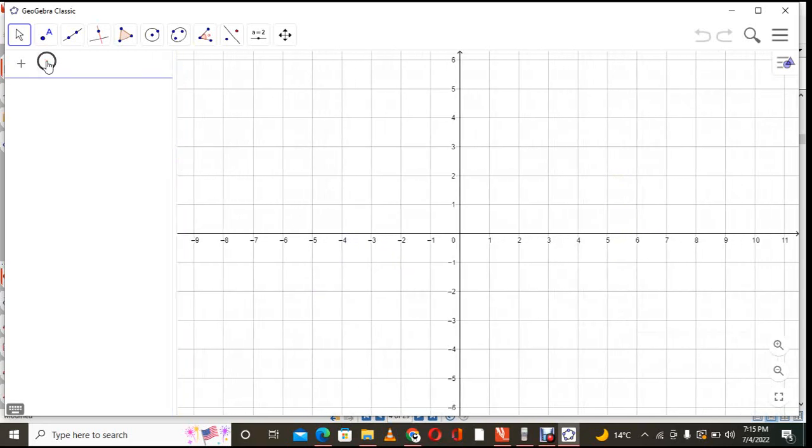So the one was a straight line. It was y equals 3x plus 7, 3x plus 7. Okay, so that is the straight line.